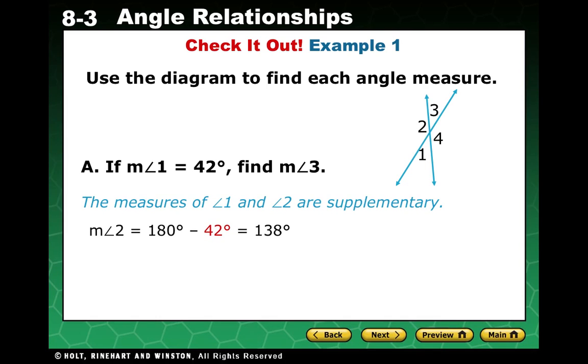Okay, which means that angle 1 is 42 degrees, angle 2 is 138 degrees. If angle 2 is 138 degrees, angle 3 must be 42 degrees. If angle 3 is 42 degrees, angle 4 must be 138 degrees.